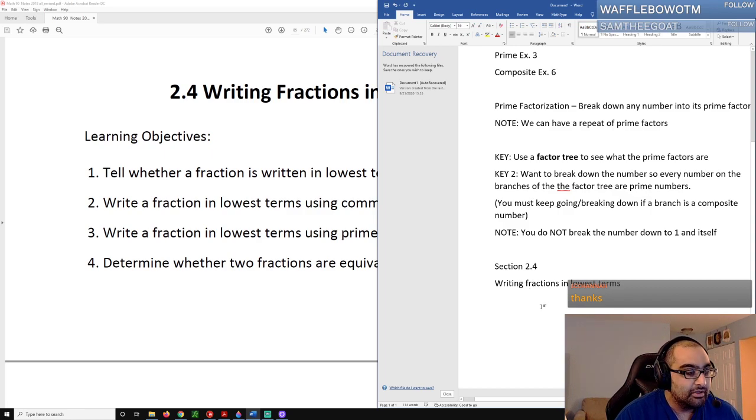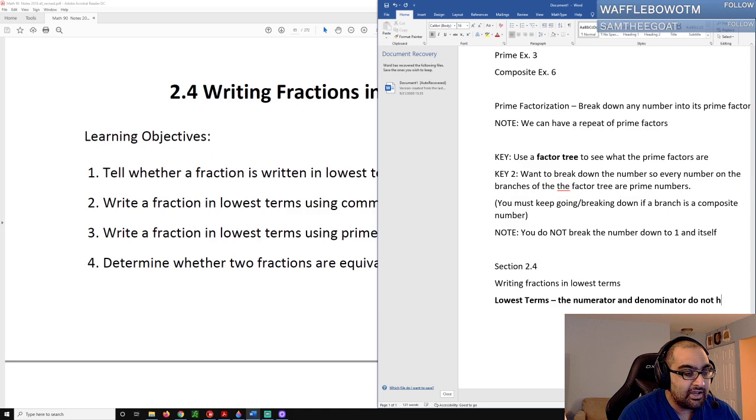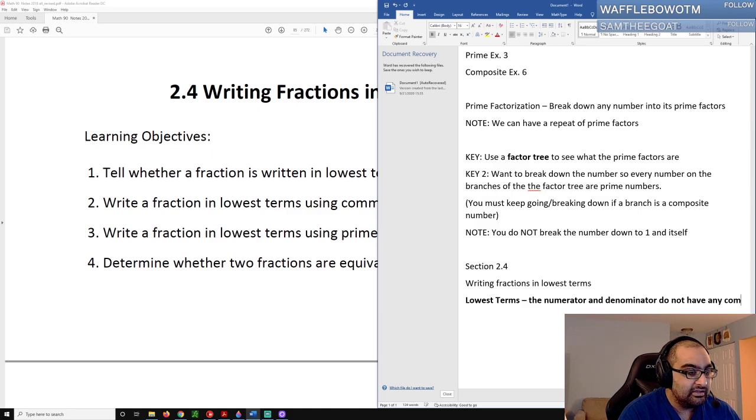Lowest terms basically means that the numerator and denominator do not have any common factors with each other.